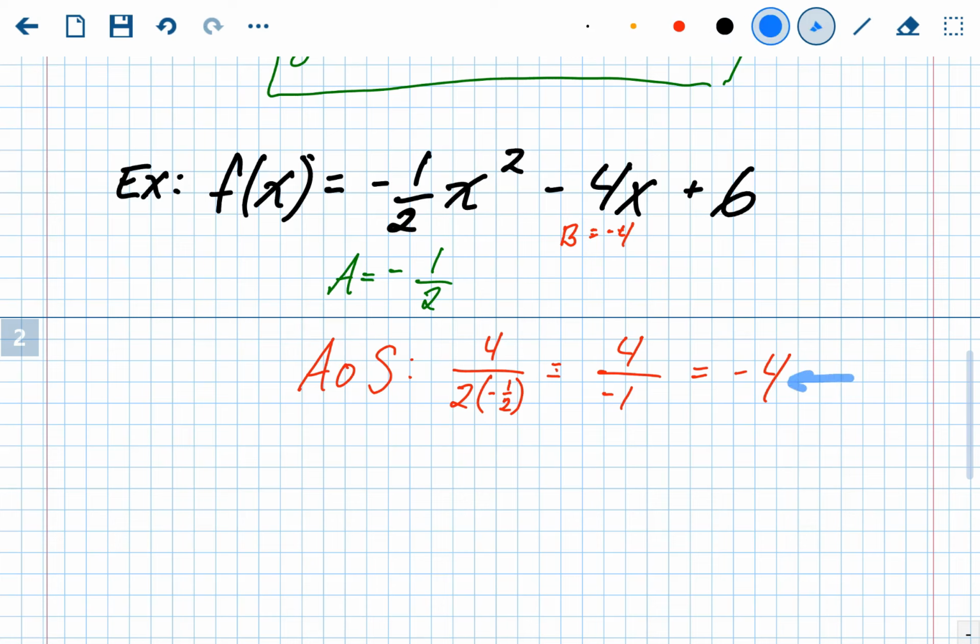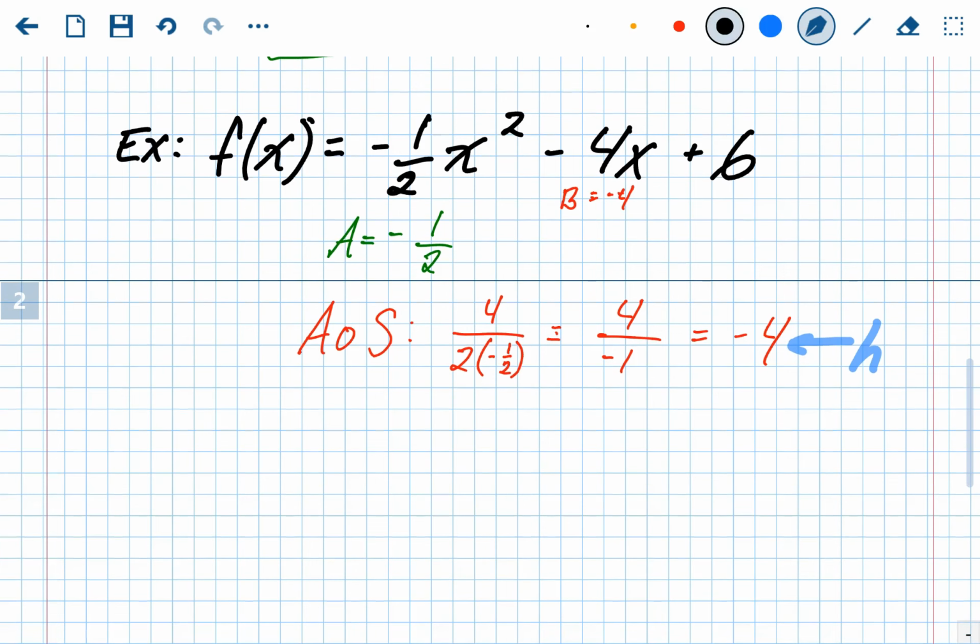So negative 4 is our h value. So now let's find our k value. Our k value is going to be found by plugging in that negative 4. We're going to find f of negative 4. Wherever you see x, plug in negative 4.